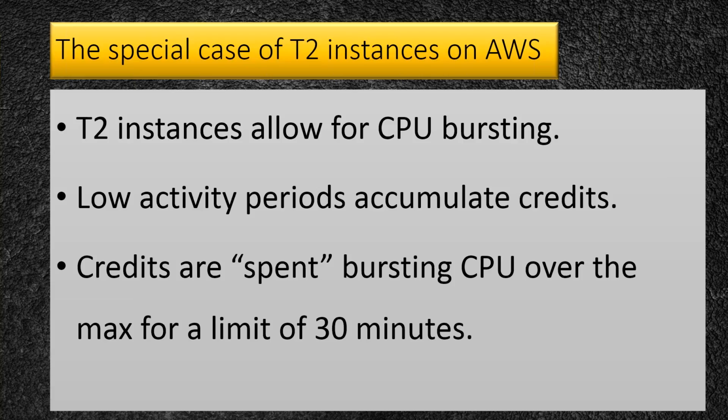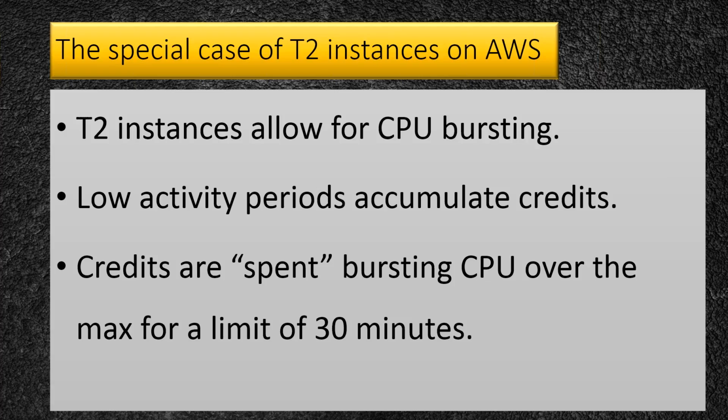Basically, a T2 instance runs on a base CPU performance of about 20% of the CPU clock speed. As long as you're running below that 20%, you accumulate credits that you can then spend by bursting CPU, meaning going from 20% to 100% CPU for a max of 30 minutes.